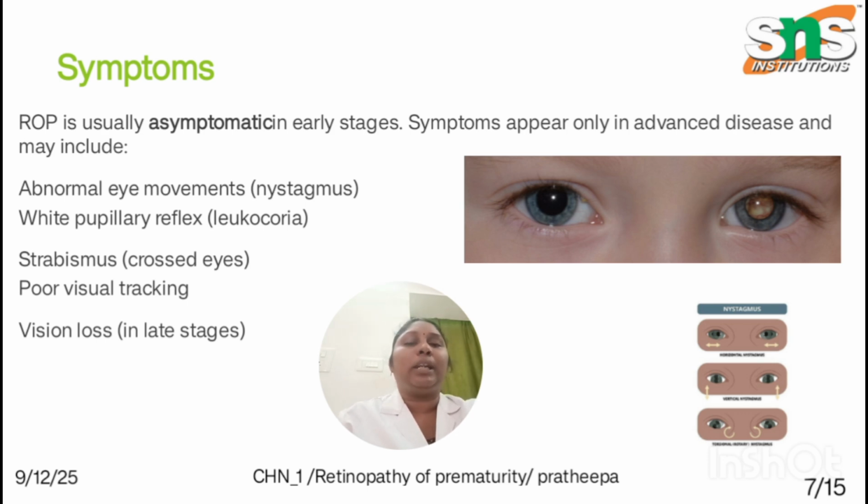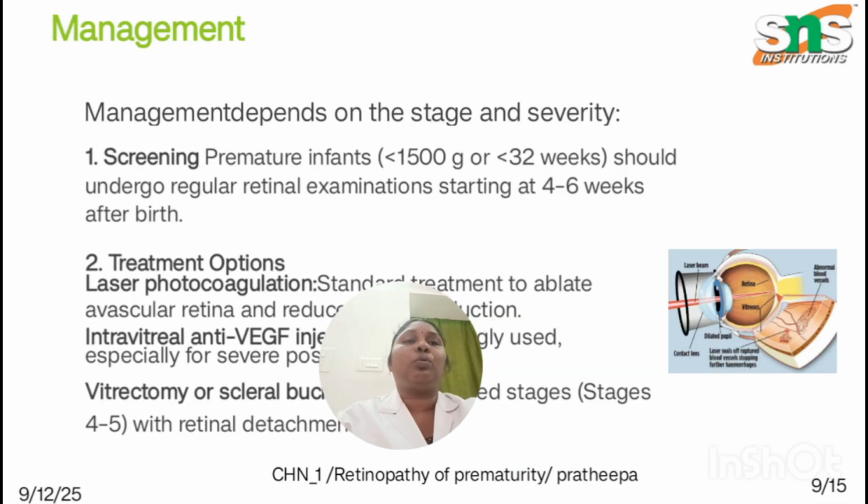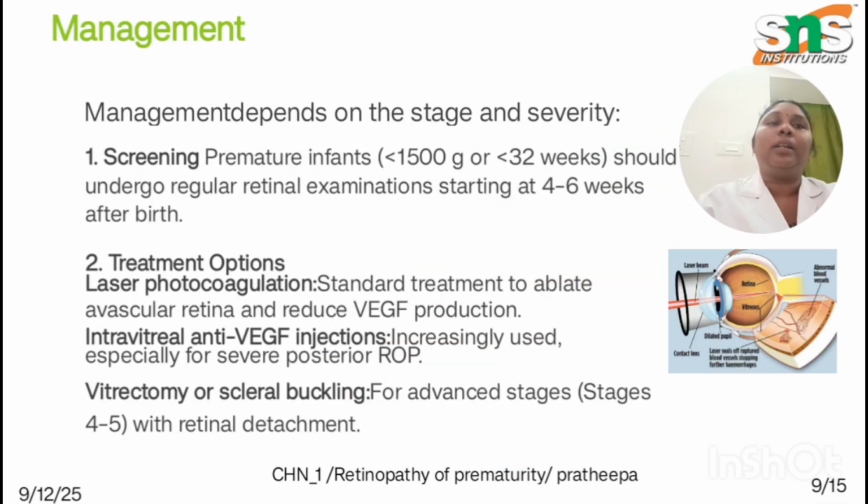With that only we can confirm the baby has retinopathy of prematurity. And complications: if untreated, ROP can lead to retinal detachment and permanent blindness, myopia, amblyopia, glaucoma, and cataract.